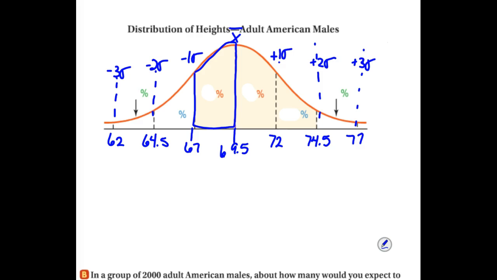If you were graphing this, drawing your normal curve all by yourself, a couple things to keep in mind. When you get to this +3 standard deviations, the height of the red curve here is close to 0, correct? On both ends. By the time you get to the third standard deviation, you're pretty much down at 0.